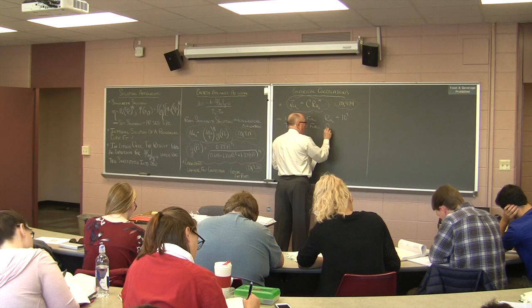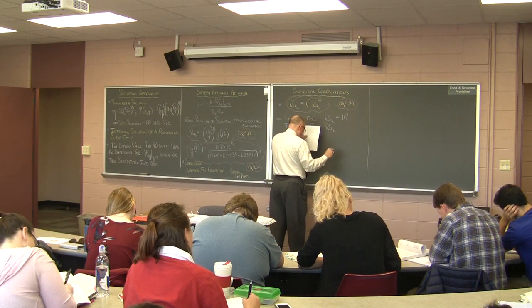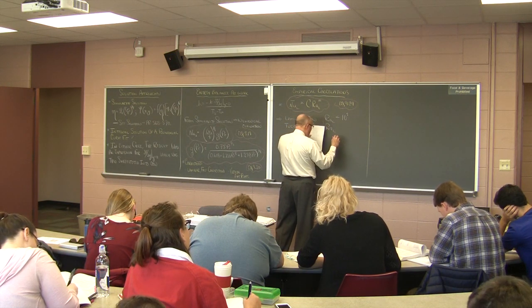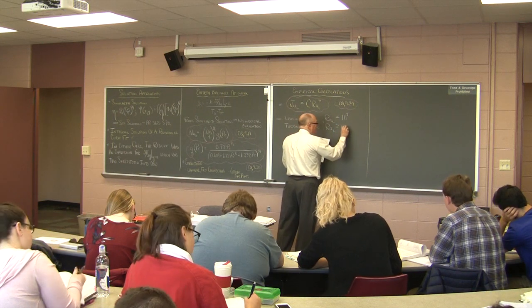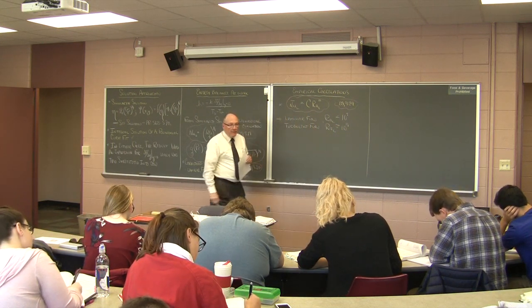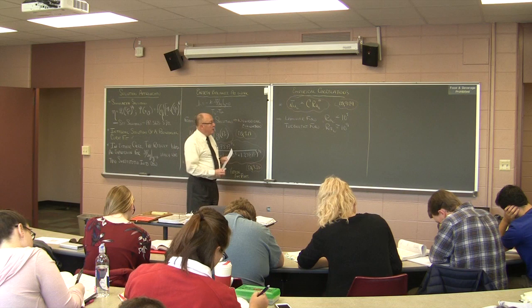And turbulent flow is when the Rayleigh number evaluated at the end of the plate is greater than or equal to 10 to the 9th. Now, why is that important here?